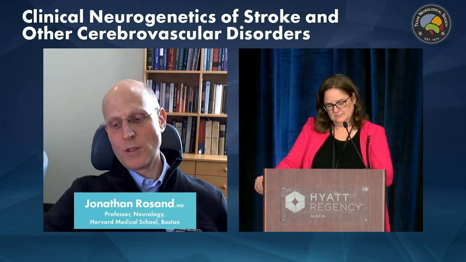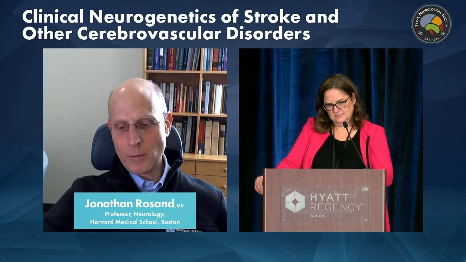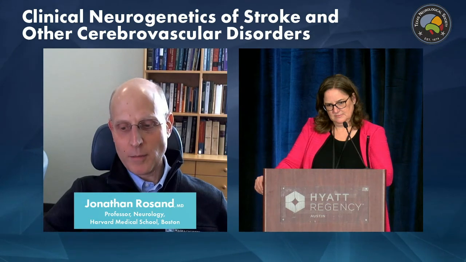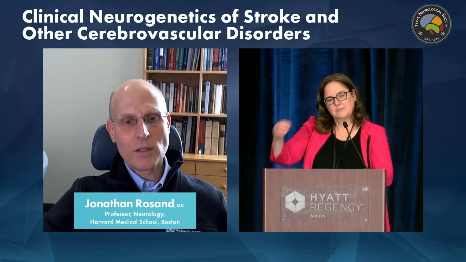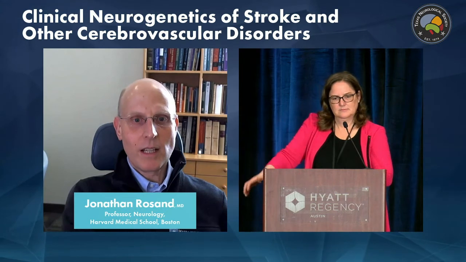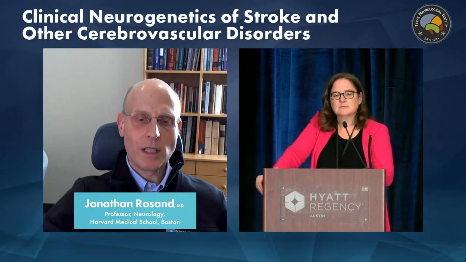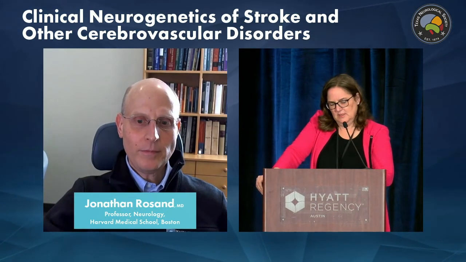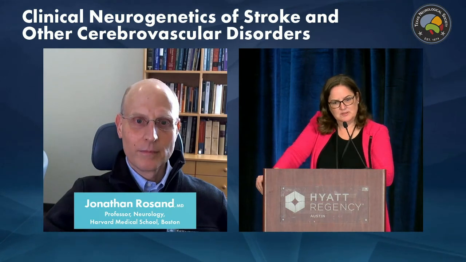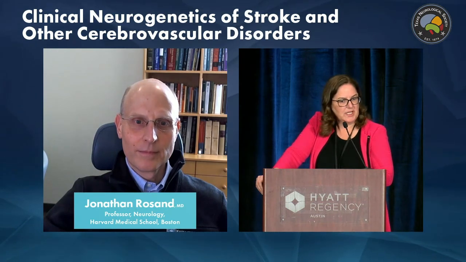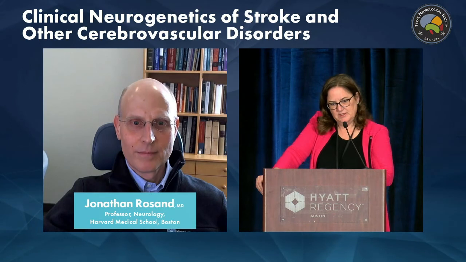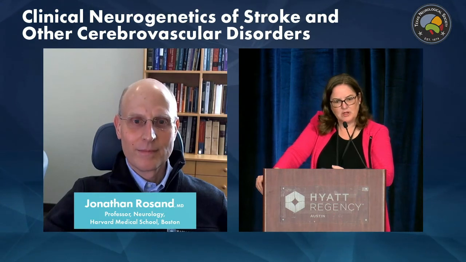I don't follow the field, but I'm certain there are going to be genetic variants associated with sleep apnea, and as soon as they're identified, we're going to want to investigate their relationship to stroke. Yeah, and it may be worthwhile thinking about the Sleep SMART study. I don't know if they're collecting bloods, but they are doing that study for cognitive decline.